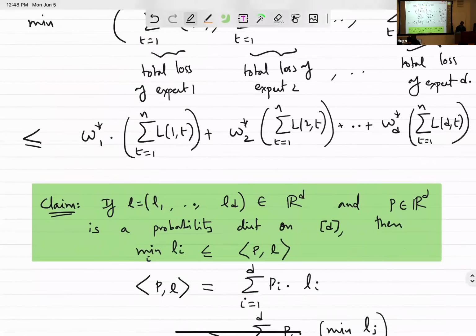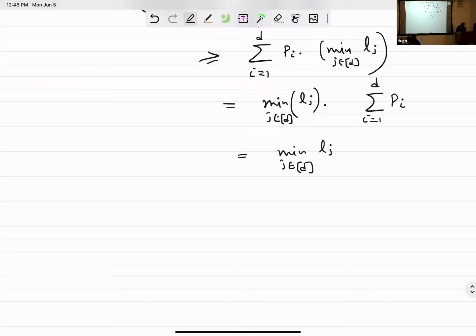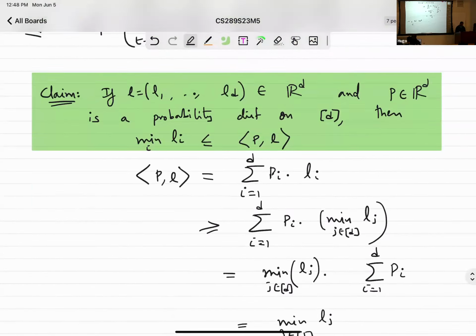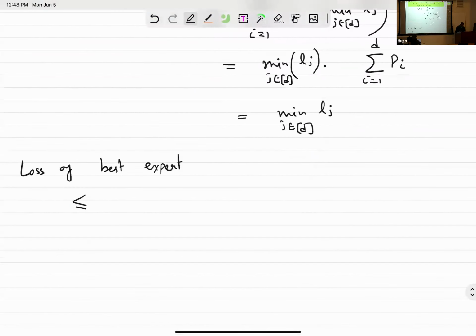All right. So the loss of the best expert is less than or equal to this somewhat messy looking thing, but let me try to, it's a double summation, but as you'll see, it kind of becomes nice in a second.